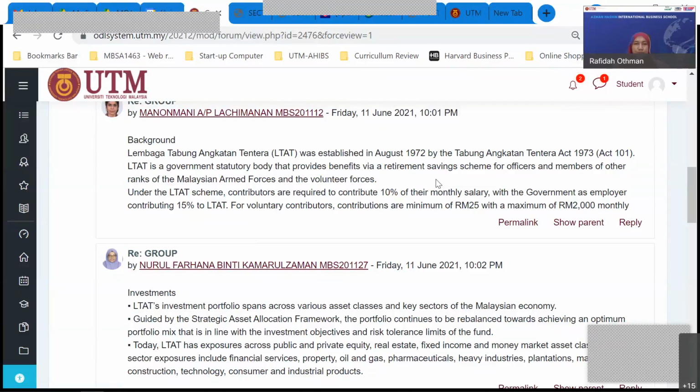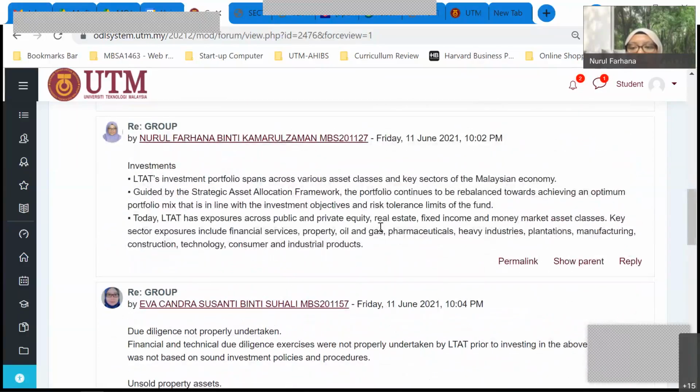Okay, Farhana. Regarding LTAT investment, their portfolio has various asset classes and key sectors in the Malaysian economy, guided by a strategic asset allocation framework. The portfolio continues to be rebalanced to achieve an optimum portfolio mix in line with the investment objective and risk tolerance limit of the fund.